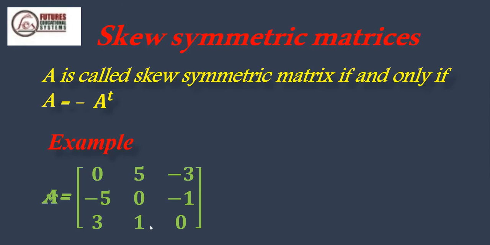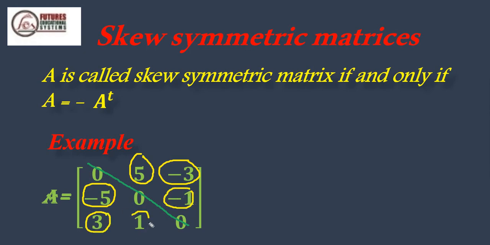Negative 1, 1. This is the main diagonal, and each element, 5 and negative 5, are additive inverses. Negative 3 and positive 3, additive inverses. Negative 1, 1. Each element is the additive inverse of another element. That's the skew symmetric matrix.